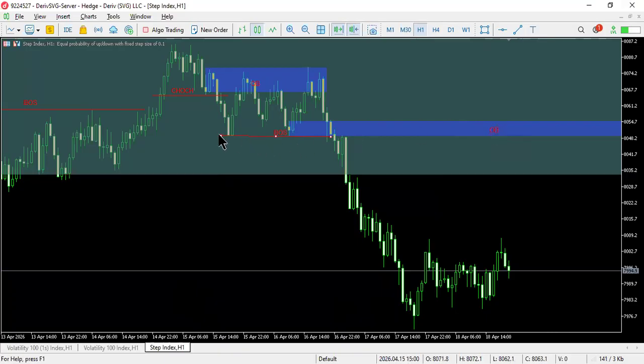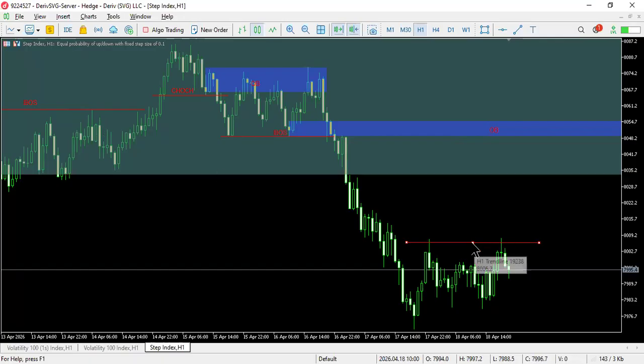Let me just adjust my break of structure. All right, and then we have the liquidity that is forming right here because we have equal highs and equal lows.